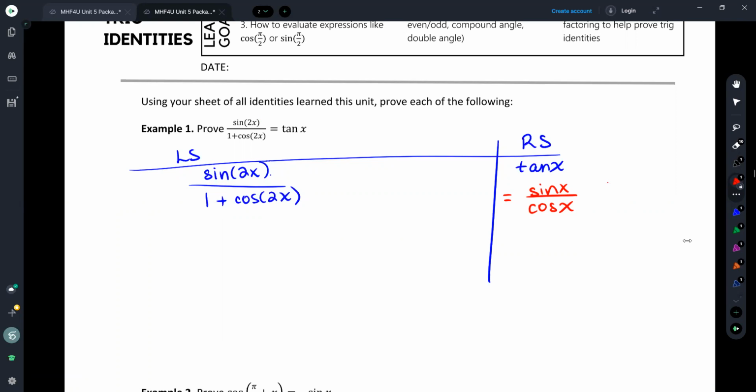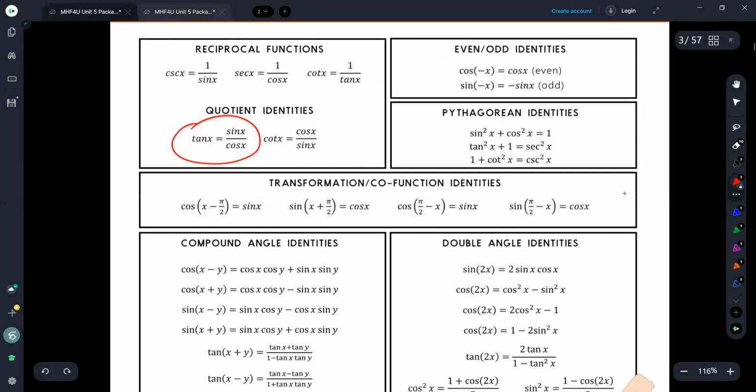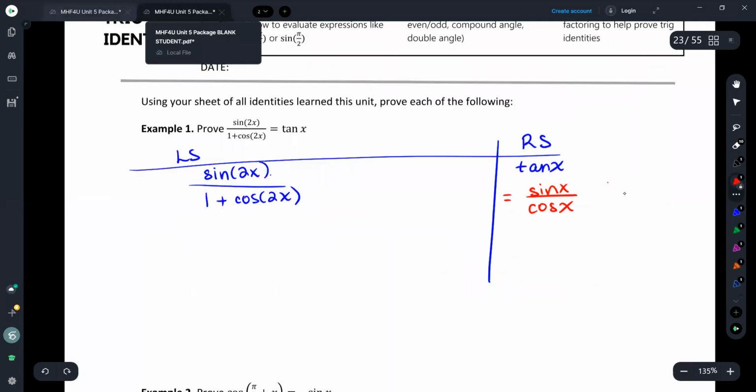Emma? 2 sine x cos x. Perfect. So if we look at our identity sheet under double angles, sine of 2x is equal to 2 sine x cos x. So I'm going to replace that one with that identity.